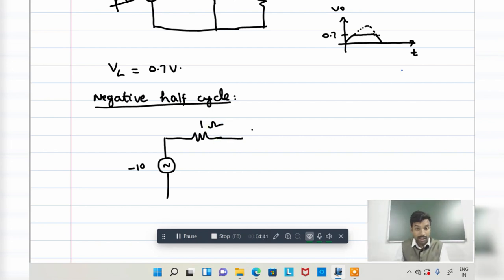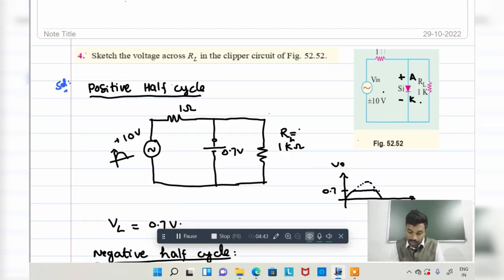Again, look at the circuit. In the negative half cycle, the anode is connected to negative and the cathode is connected to positive. The polarities are reversed: negative is connected to the anode and positive is connected to the cathode.